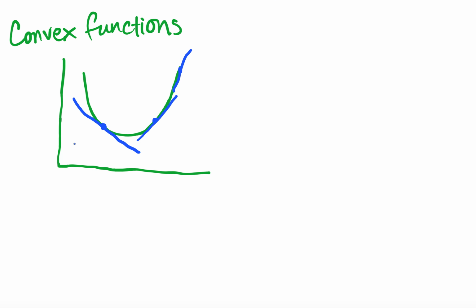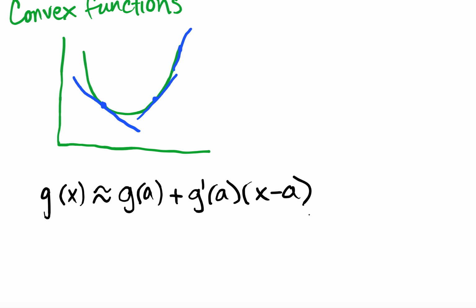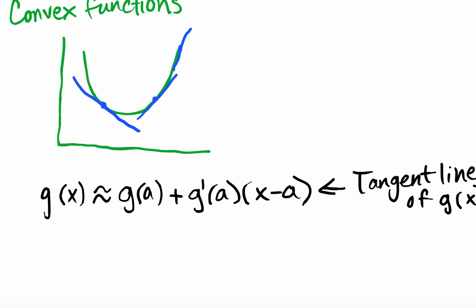Now we can approximate a function g of x to the second degree around point a using this line here, which is the same line as our tangent line, which gives us a tangent line of g of x at a.